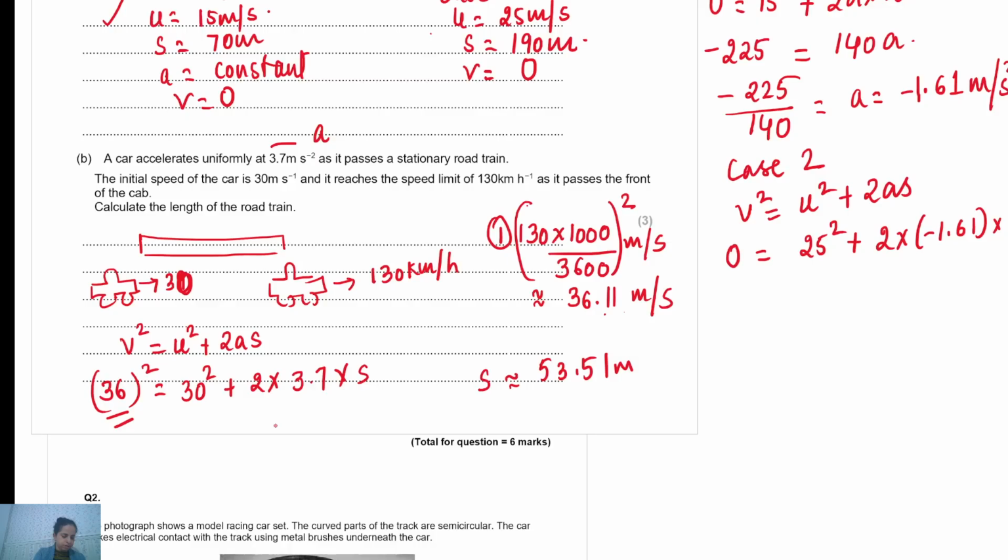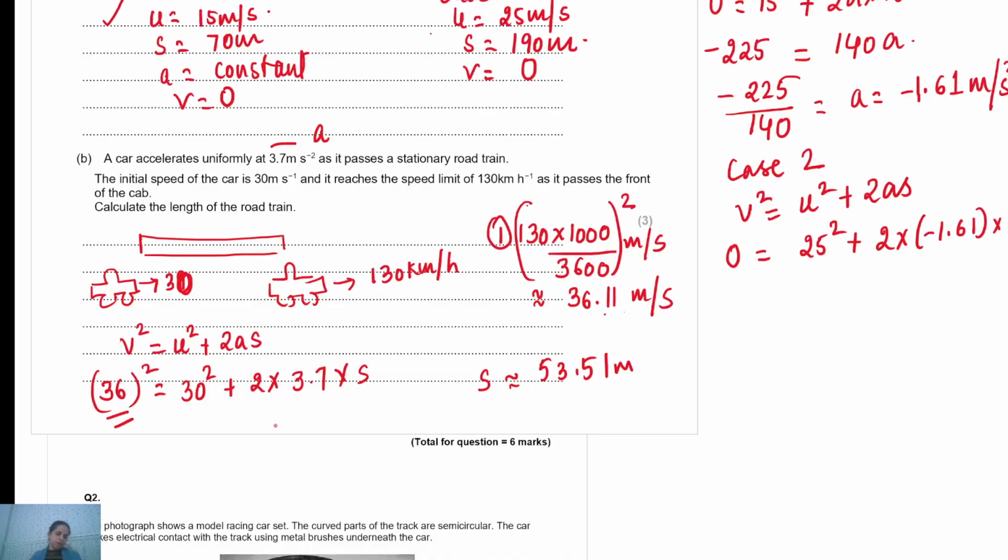That gives me 1300. Okay, by all means you can do along with me, so that you do not waste your time. So I'm just getting this, minus 900 divided by 2 divided by 3.7.